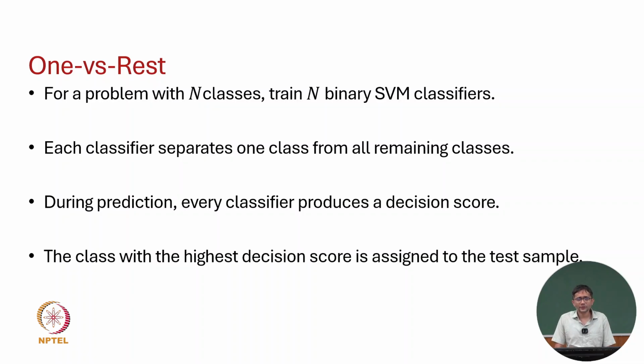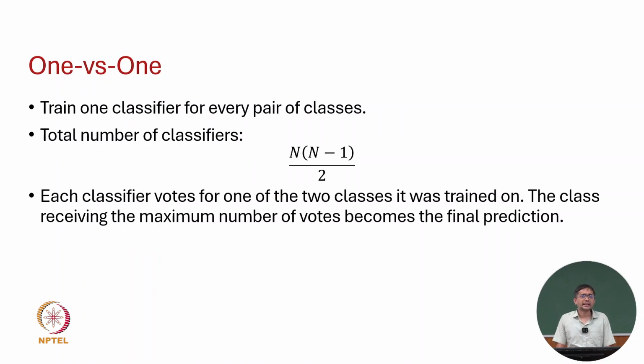Another straightforward variation is one versus one classifier. That is, train one classifier for every pair of classes. So we had n classes. So the first one, take it and design a classifier for all the n-1 remaining classes.